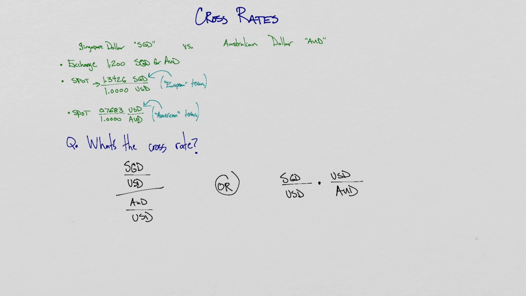So on the left here, since these are both in the same denominator, they cancel out. And so what we're left with is just the Singapore dollar versus the Australian one. And the same thing on the right side. And so what you're left with is just, again, Singapore versus the Australian dollar.